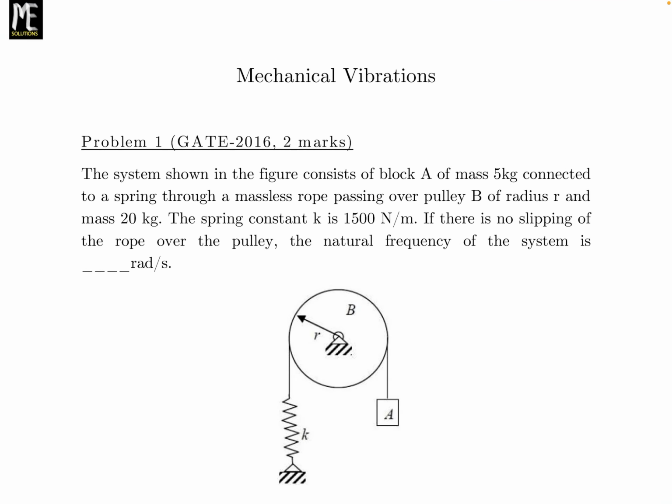Here the value of k is given as 1500 Newton per meter. The mass of the pulley B is given as 20 kg, and the mass of the block A is given as 5 kg. So let's put in the values.